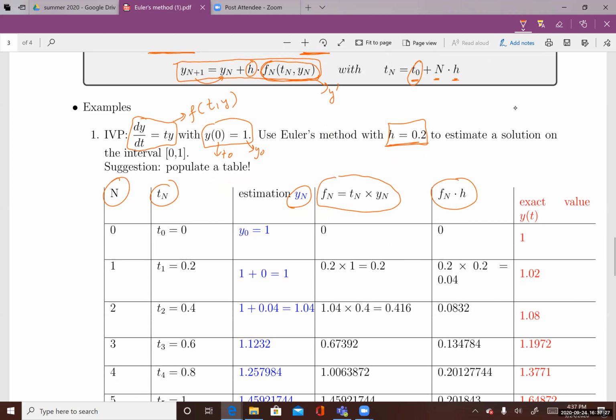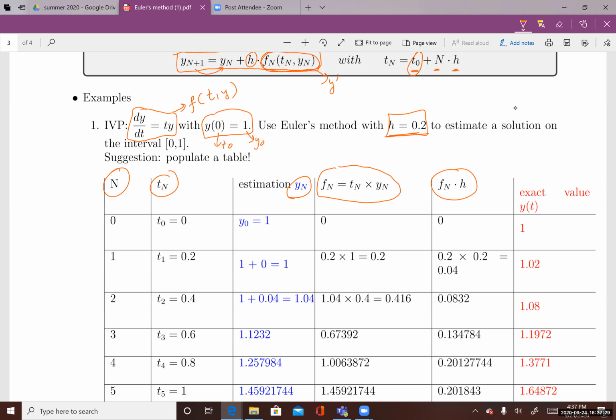All right, so let's start. I start with 0 because t0 equals 0, and I know that y0 is 1. Then plug in this value. My next value y1 will be 1 plus 0.